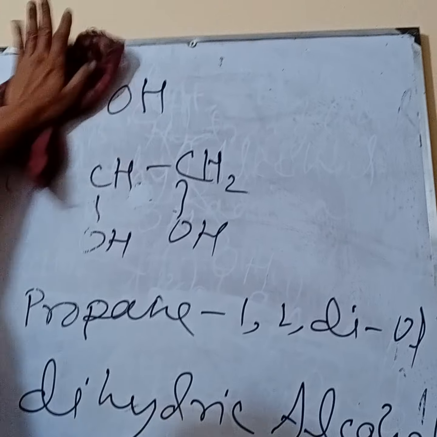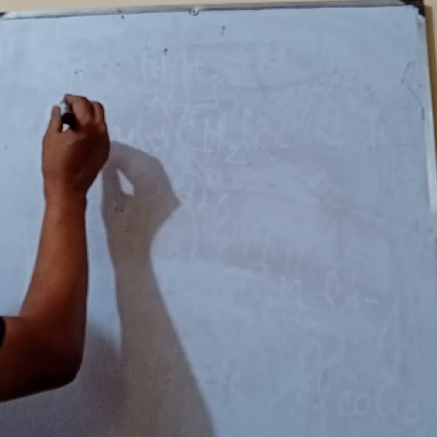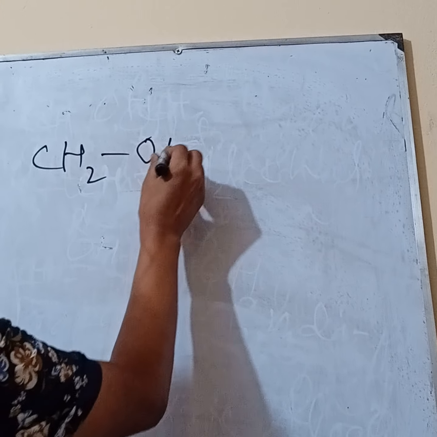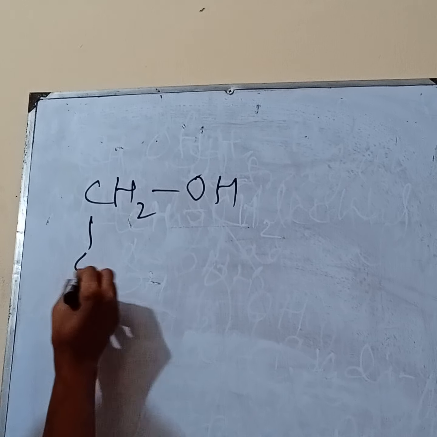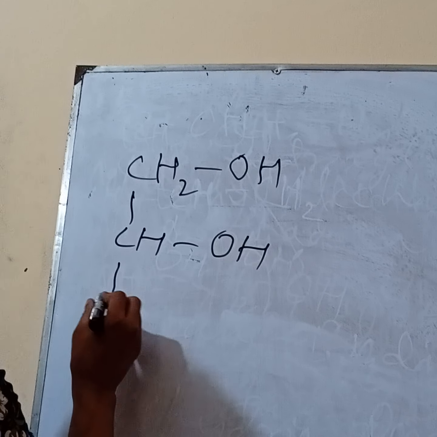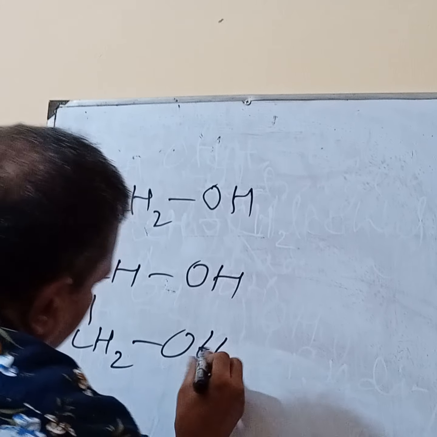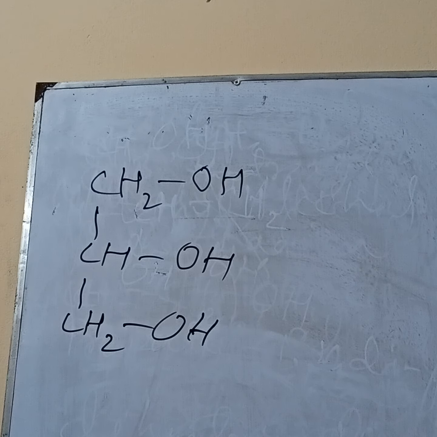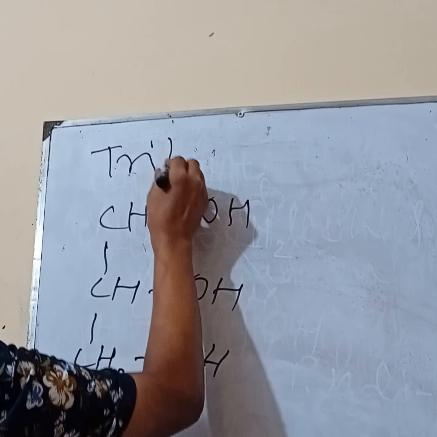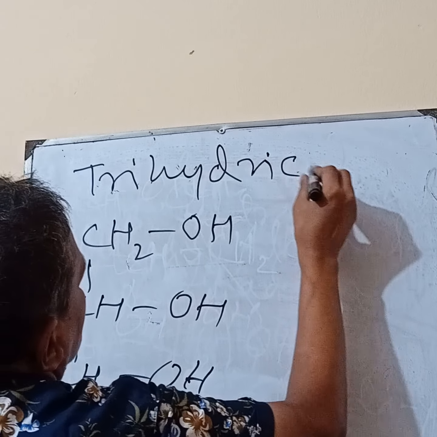Then such a system where OH, OH, OH. What name? With 3 OH, it is a trihydric alcohol.